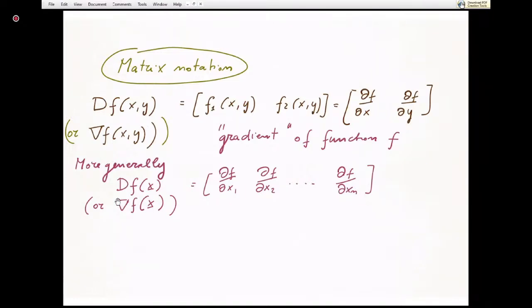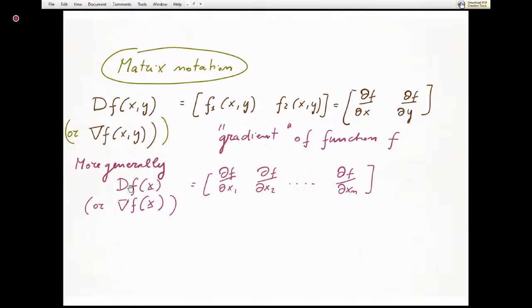And for the second derivative, these symbols will be squared. So it's very intuitive. For instance, we know that we have 4 second derivatives for a 2-variable function. We can put them in a matrix in which the position of the elements is clear.